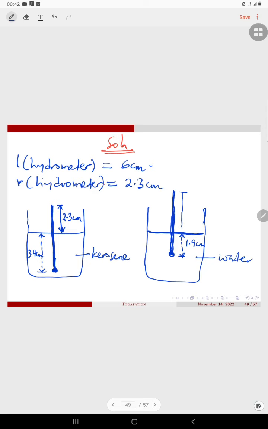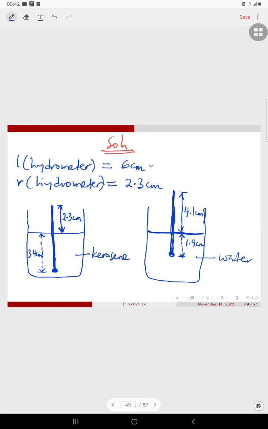Then this should help me get the part above. The part above is going to be 6 minus 1.9, I'll get 4.1 centimeters. So this is what I need to take note of.